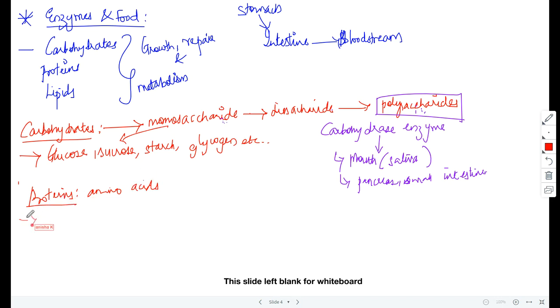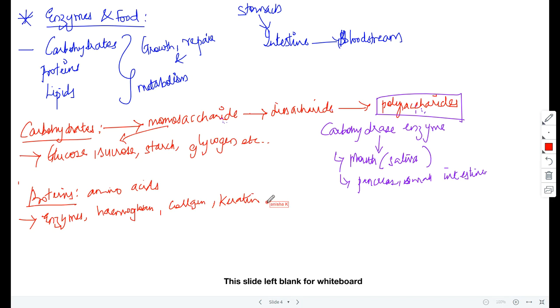Now, when we're talking about proteins, we have enzymes, hemoglobin, collagen, and also traces of keratin.